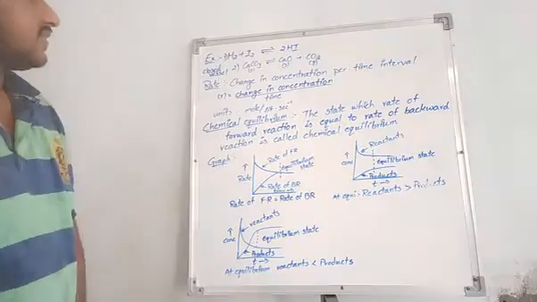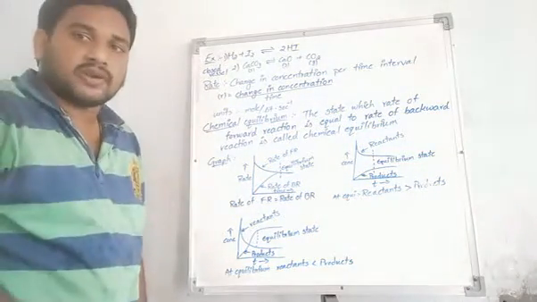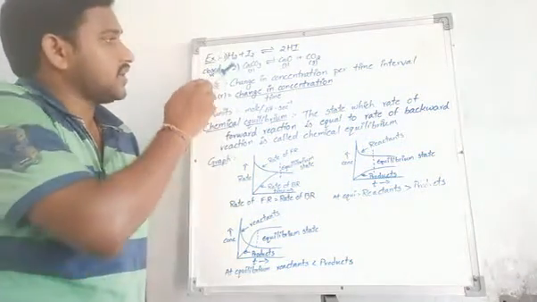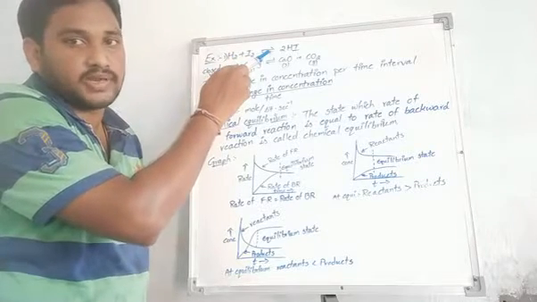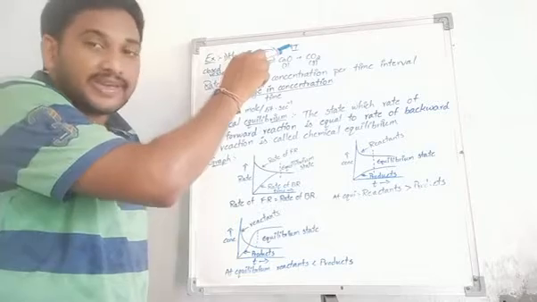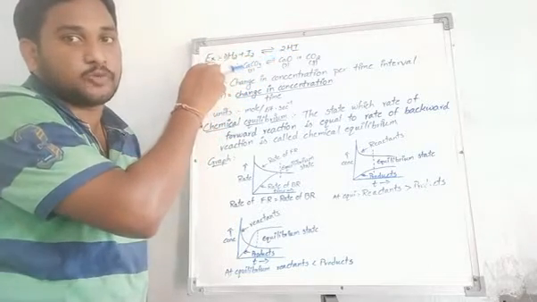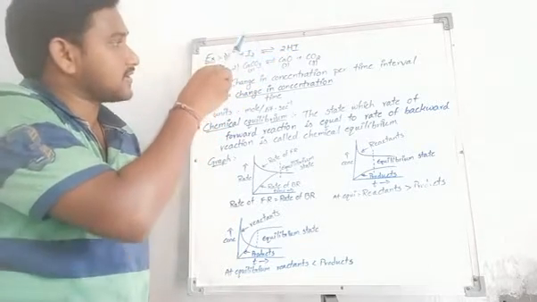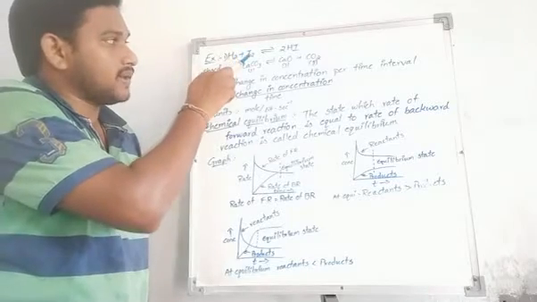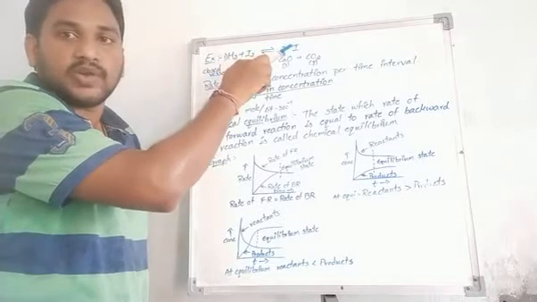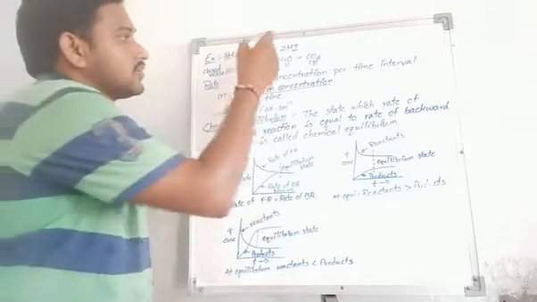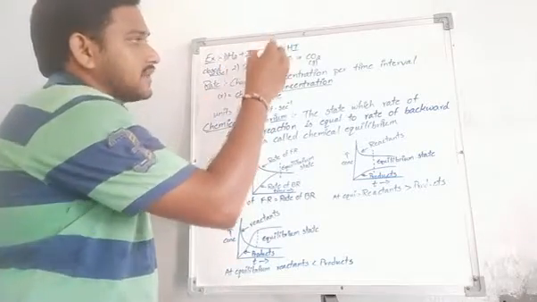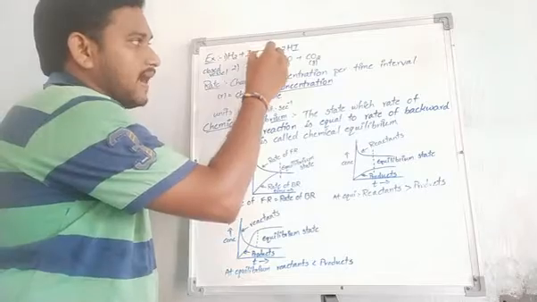Okay, students, an example of a reversible reaction is H2 plus I2 giving 2HI, and 2HI converting back to H2 plus I2. In this reaction, H2 plus I2 converting to 2HI is the forward reaction, and 2HI converting to H2 plus I2 is the backward reaction.